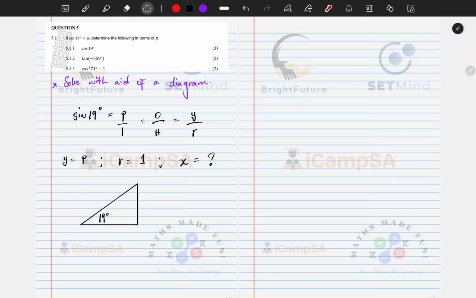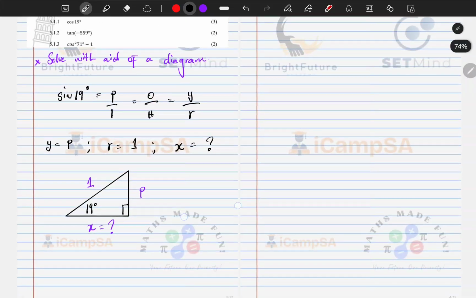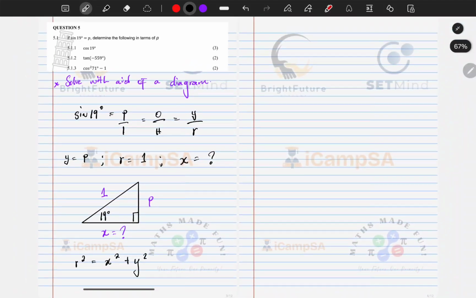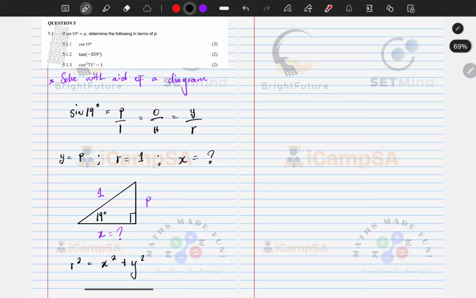We already know that y is p, that r is 1, and x is what we are looking for. Remember, this still stays as your right angle triangle. So here we are just going to say r squared is equal to x squared plus y squared, and then we can move on to the next page.